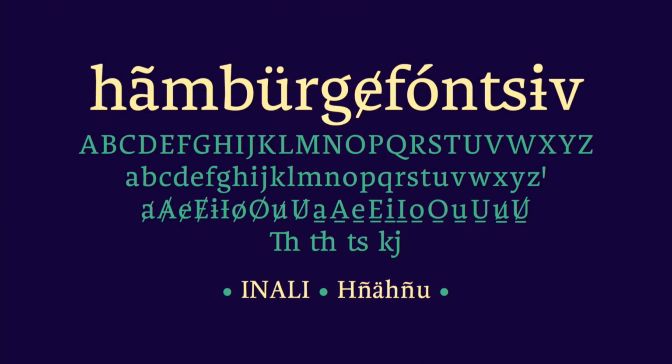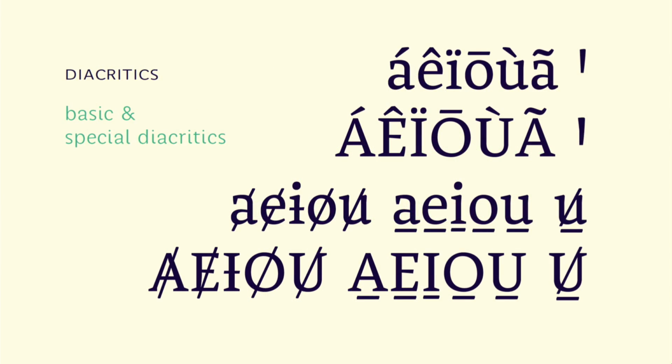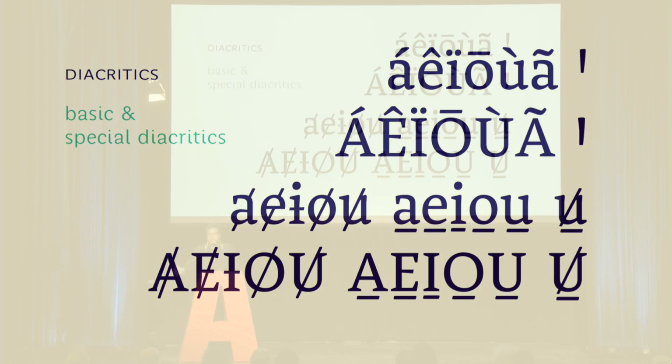And, well, we have lots of diacritics, of accents. We have basic and special diacritics, and we have also the combining form of each diacritic, so that if you have to write more than one, you can put it here, because we have the same problem in Mexico.